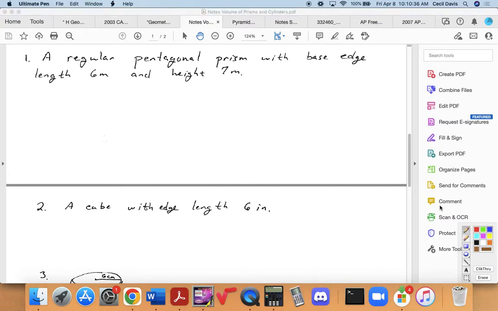All right, notice they didn't draw it for us. No big deal. You don't need to draw the 3-dimensional figure. You just need to draw the base. The base is a regular pentagon. So 5 sides. And every base edge is 6.